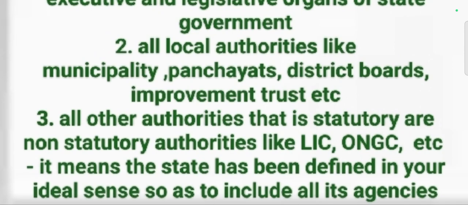The same meaning also includes all local authorities like municipalities, panchayats, district boards, and important trust groups, and all other authorities like statutory and non-statutory bodies like LIC, ONGC, etc. It means the state has been defined in a wider sense to include all its agencies. The same state definition applies in Article 36 of the Directive Principles of State Policy. Okay.